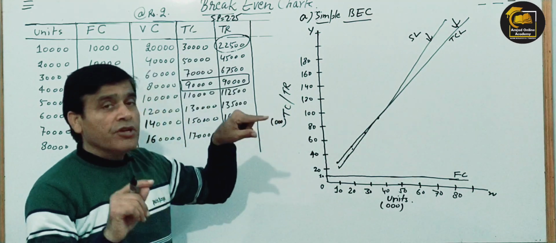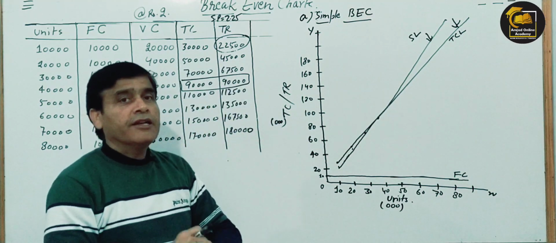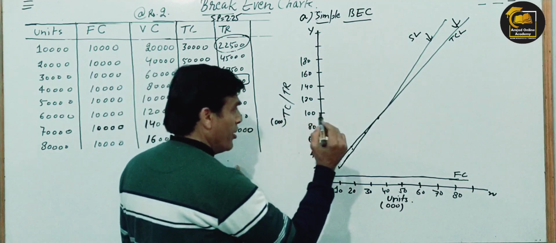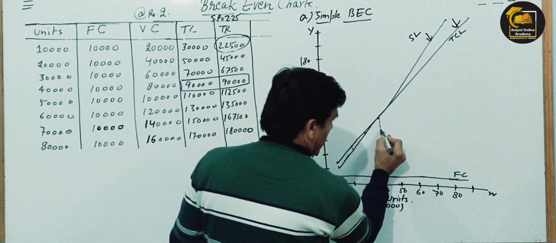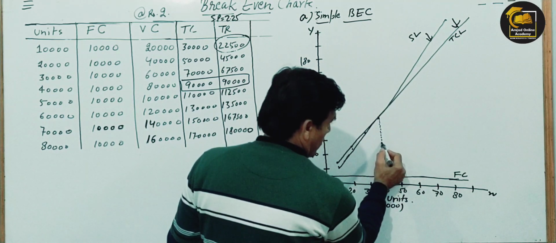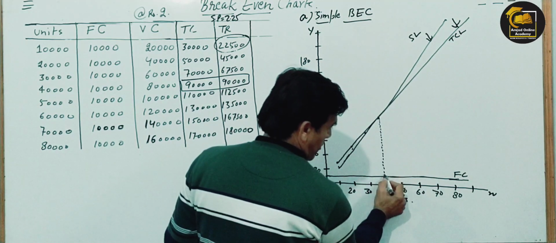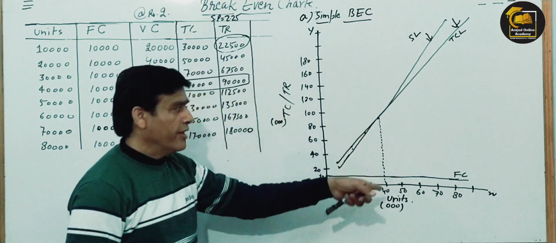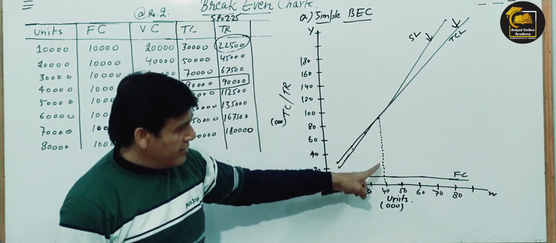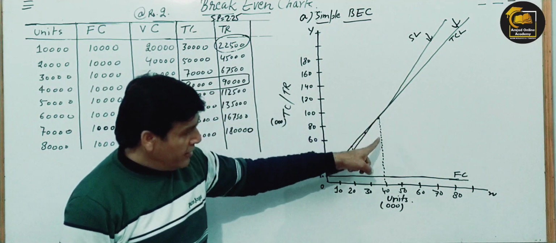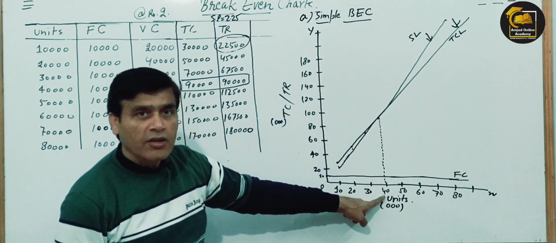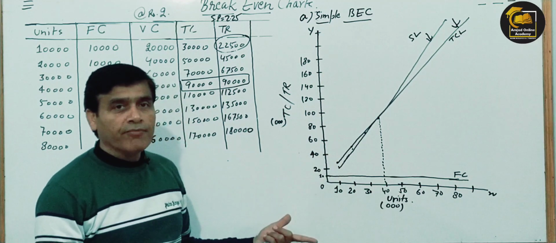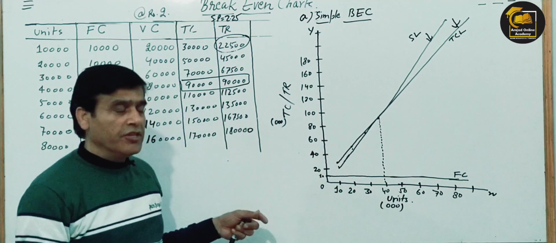So where it is going to intersect, that will be known as your break-even point. And look here, if you draw a perpendicular line here, it is intersecting at the point, and when you drop the perpendicular line, it is striking 40,000 units, and you are getting the same as we already calculated in the previous video.